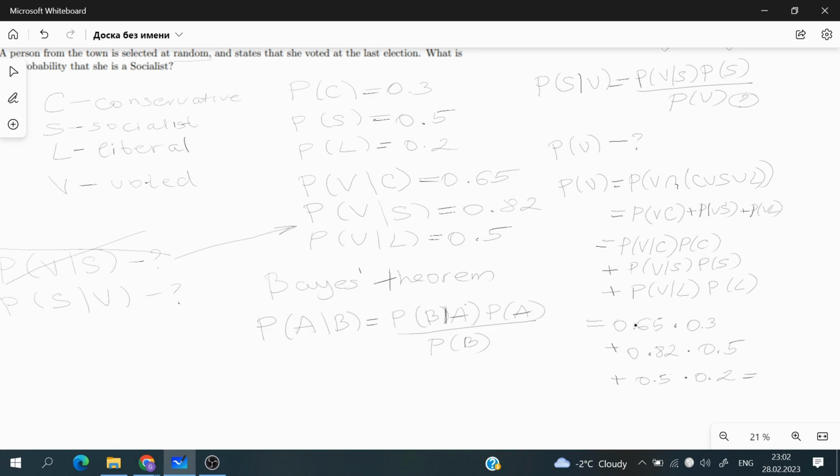So let's crunch these numbers into the calculator and find that this equals 0.705.